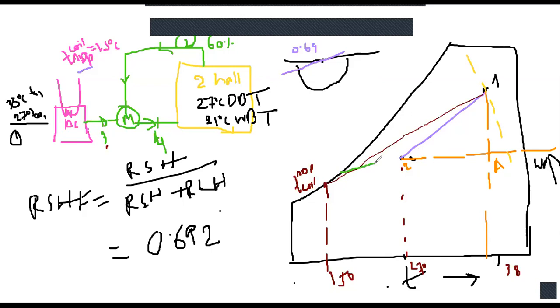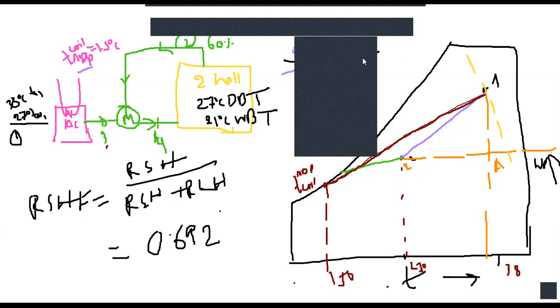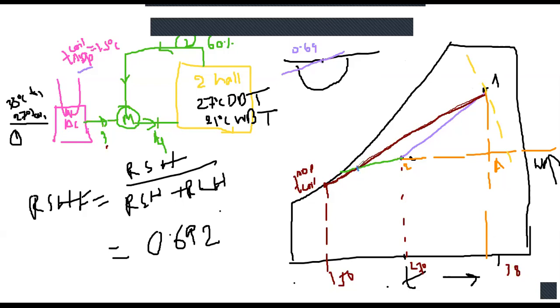Okay, suppose this is our point. This green line is parallel to this line. Now what is this point? This point is 3.